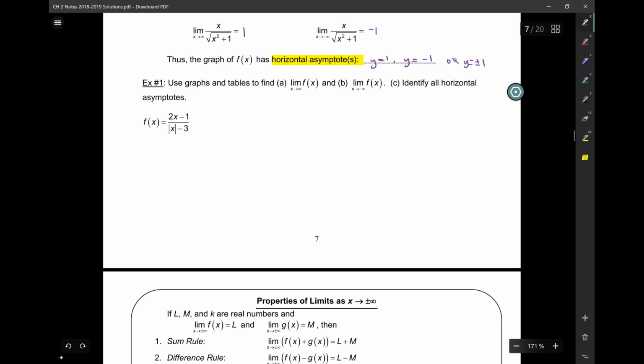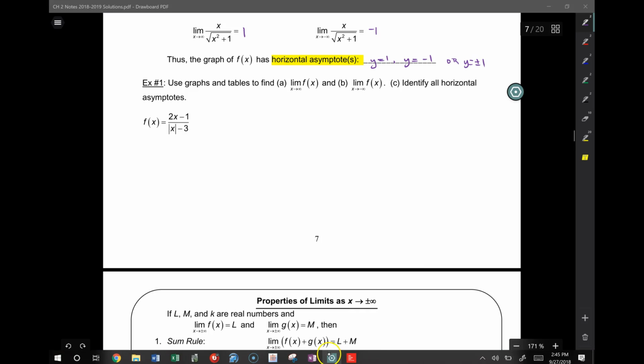That's also totally fine. Okay, so here it says use graphs and tables to find the limit as x approaches infinity of f of x and the limit as x approaches negative infinity of f of x. So why don't we graph that?